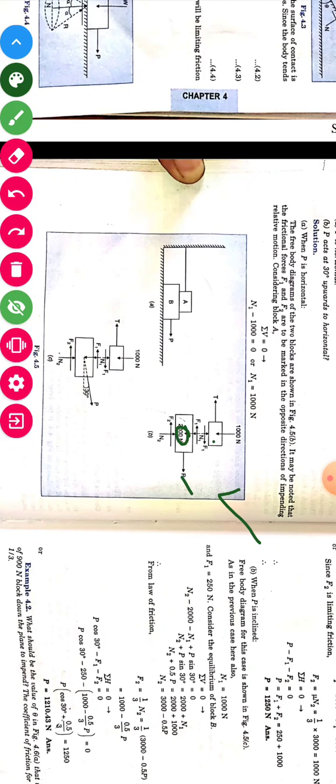Because of this weight, there will be a normal reaction N2. And because we are applying a force P, this body tends to move to the right side, so the friction force will be on the left side, in the opposite direction. It is simple and clear.